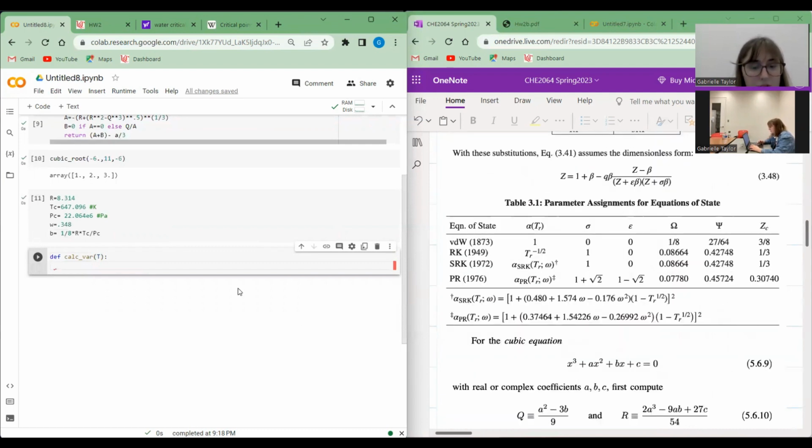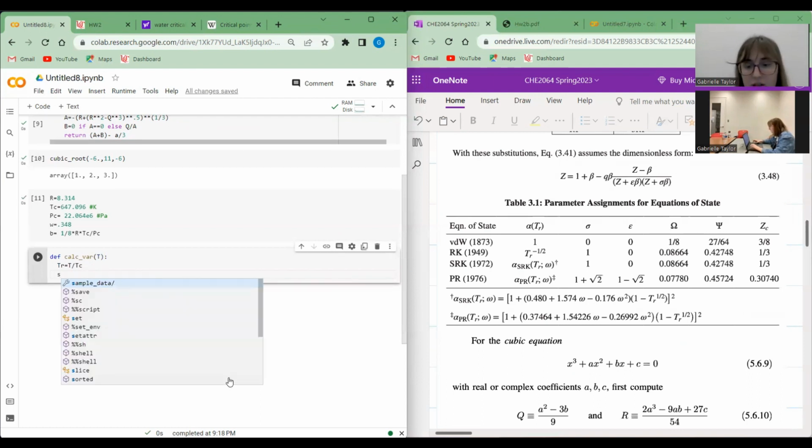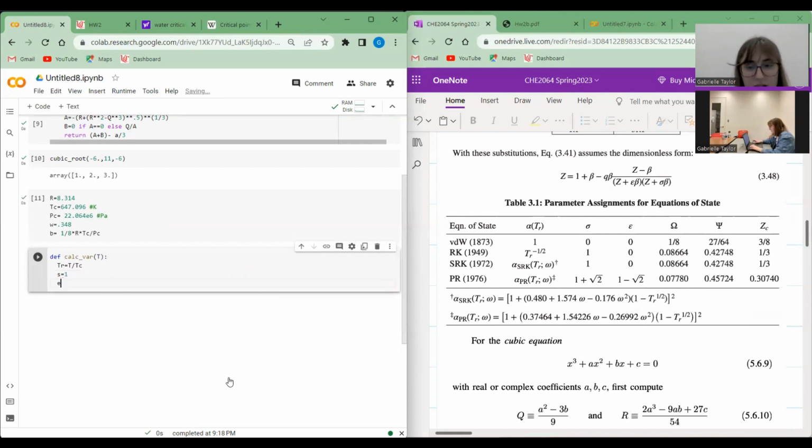The first thing we want to do is our reduced temperature. Temperature reduced is going to equal temperature divided by temperature at the critical point. Okay, and now we see that sigma is going to equal 1, epsilon is going to equal 0, put decimal points on them.